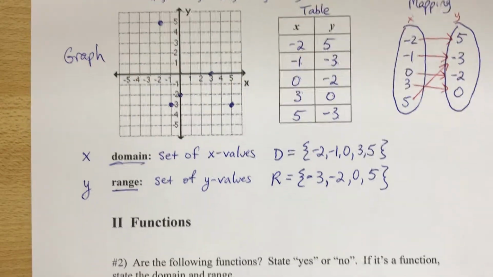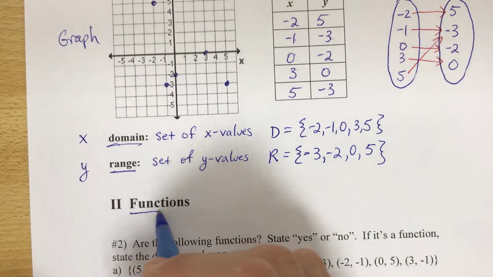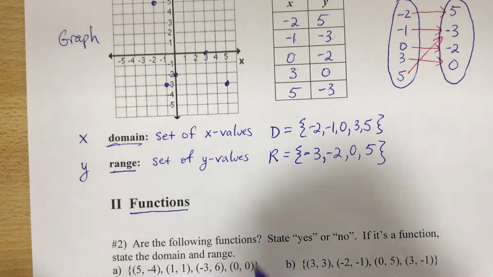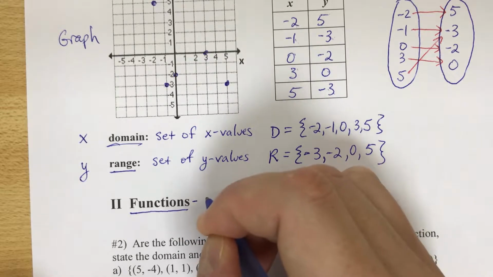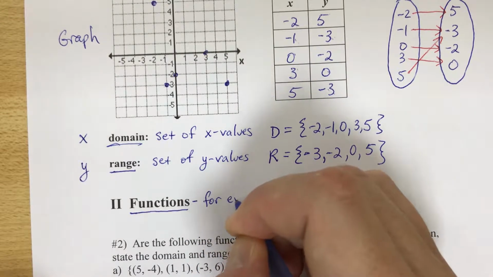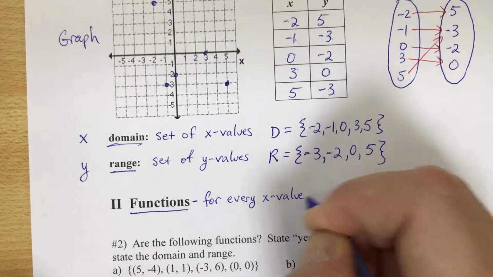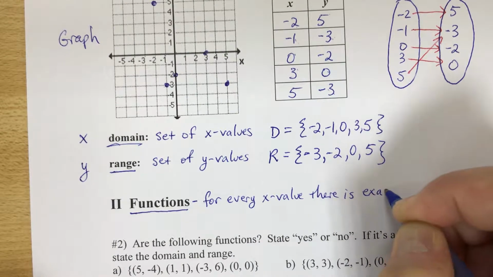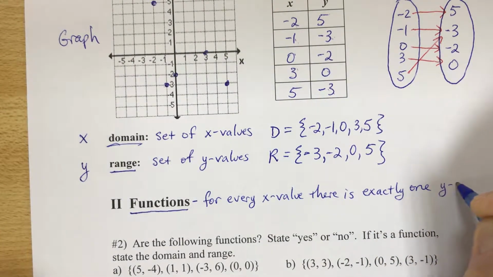And what this leads us to is really the key for today, is what we call a function. Now the function has a very long definition, but kind of the shorthand definition, a function means that for every x value, there is exactly one y value.